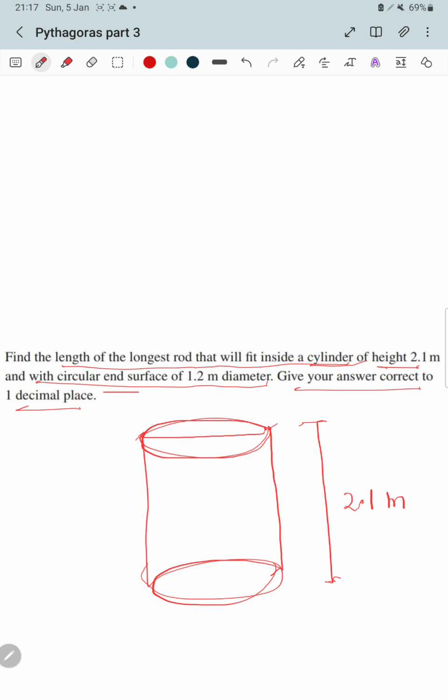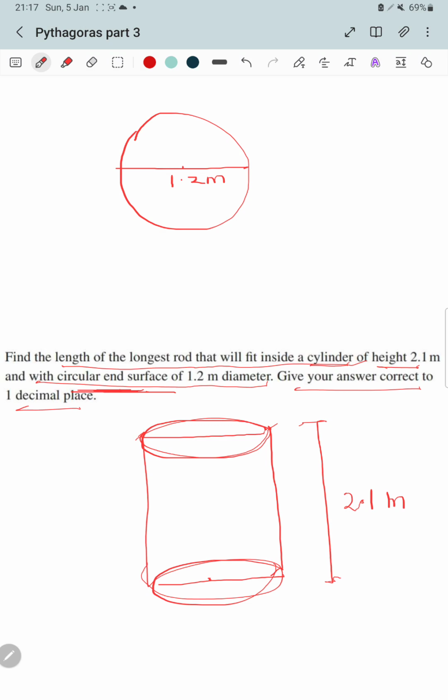And they are saying this cylinder's circular end surface has diameter 1.2. So if I draw this as a circle, you can consider this whole thing is 1.2 meters, and we have to keep the longest rod in it.